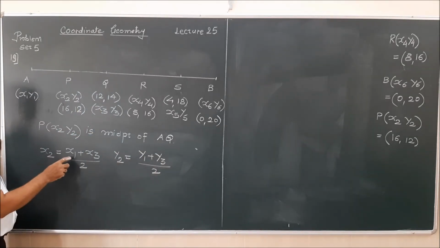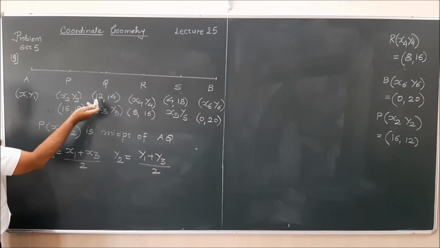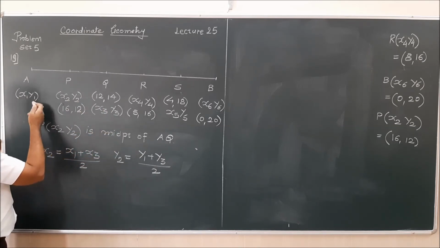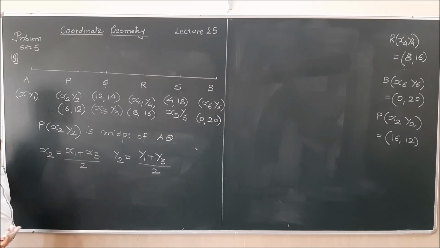Again you see, x2 is equal to x1 plus x3 upon 2, y2 is equal to y1 plus y3 upon 2.